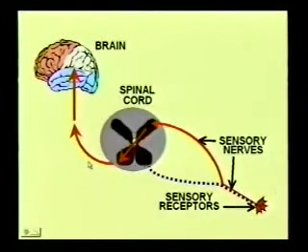And this is somewhat shown here on this diagram, where you can see that agents that act at a sensory receptor to prevent the signaling of a painful stimulus, whether that be a mechanical pain, a chemical pain, a thermal-induced pain, regardless of the nature of that, drugs that could somehow interfere with this sensation of pain at the sensory receptor can be an important mechanism.